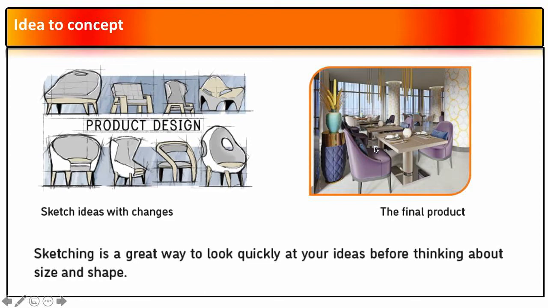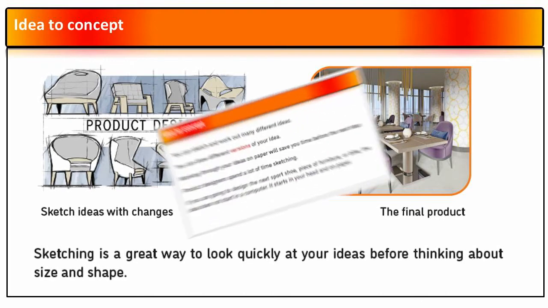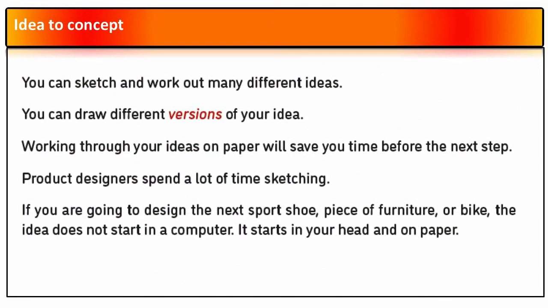Sketching is a great way to look quickly at your ideas before thinking about the size and shape. It's really important to make sure that your sketch is looking great, then move on to focus on size and shape. You can sketch and work out many different ideas. You can draw different versions of ideas.